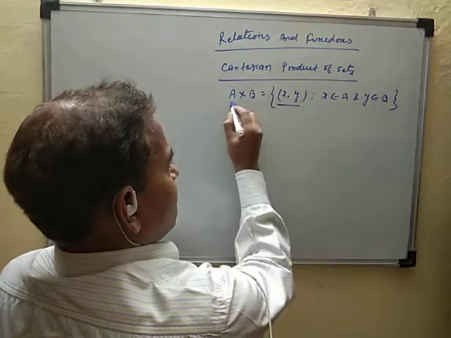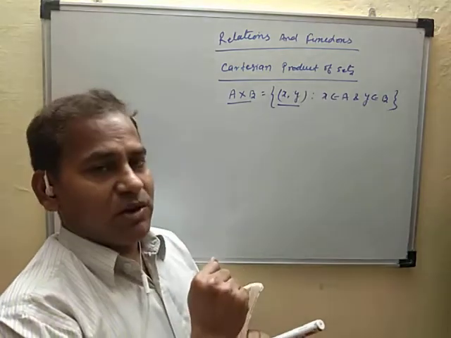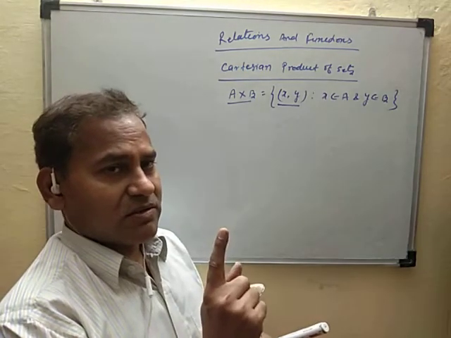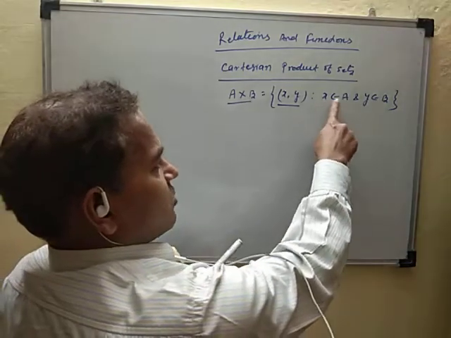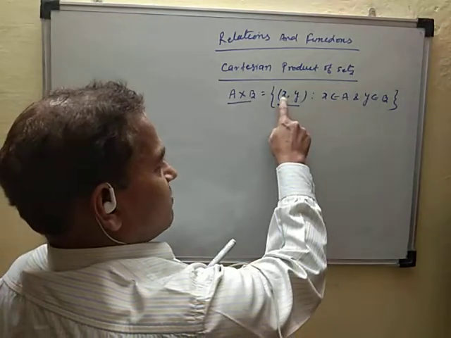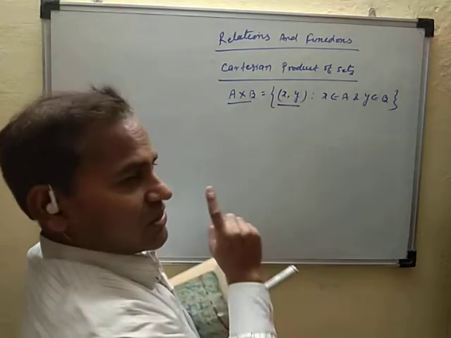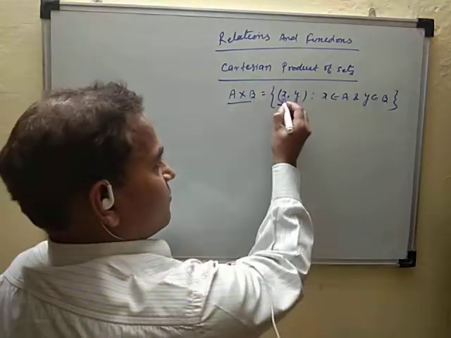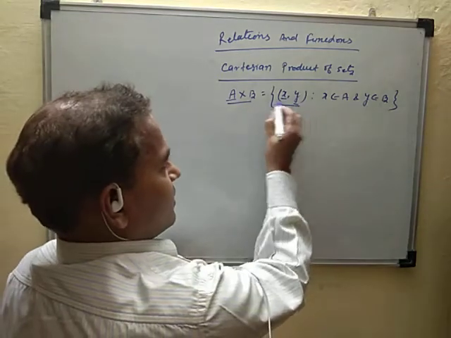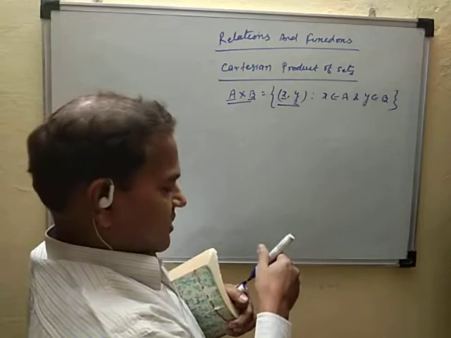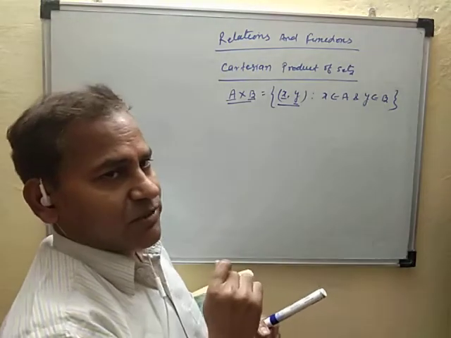That is, the elements of the Cartesian product will be in pair form, not a single element, pair form (x, y), such that the first entry belongs to the first set and the second entry belongs to the second set. That is, x belongs to set A and y belongs to set B.